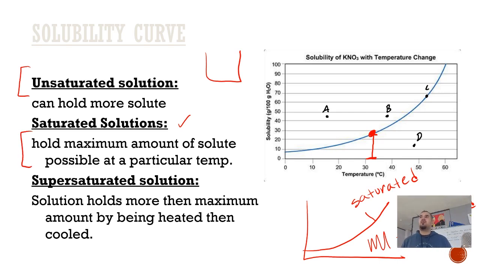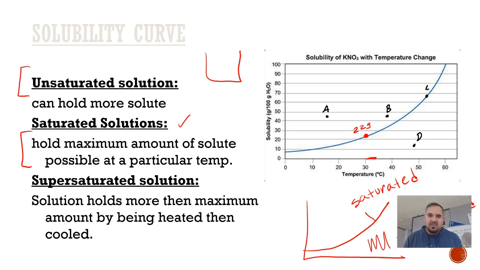So we already talked about if we heat up something, we can cause it to dissolve more quickly. But not only that, we could also get more of it to dissolve. So let's say we're looking over here at potassium nitrate at 30 degrees Celsius, we can dissolve exactly 22 grams of potassium nitrate.